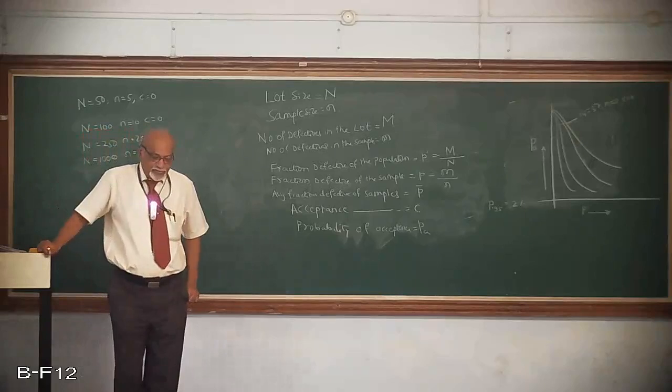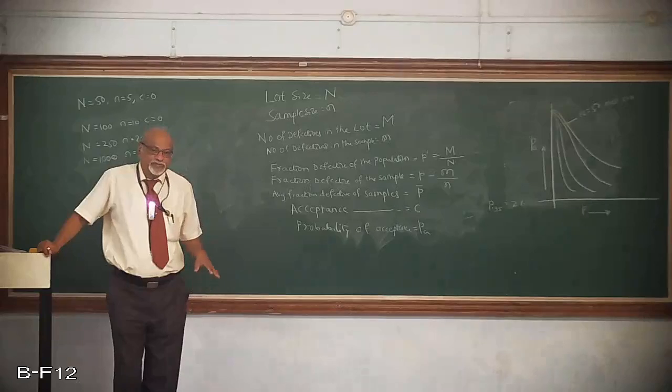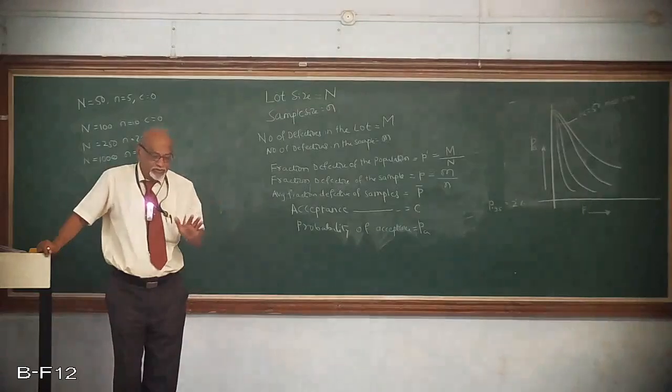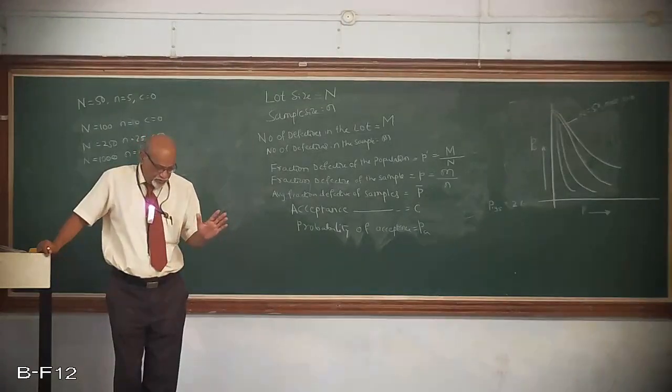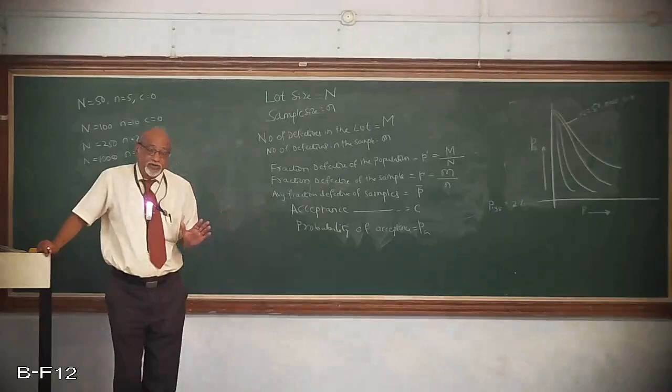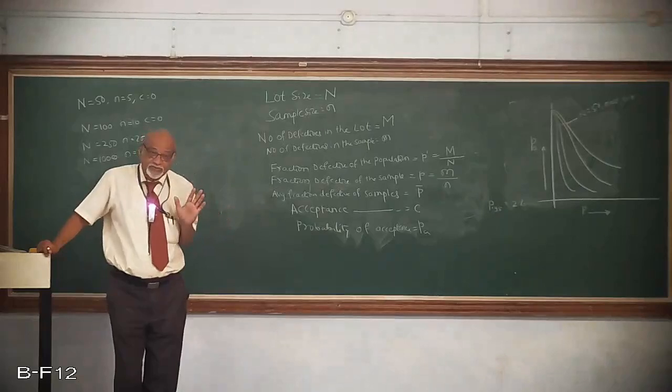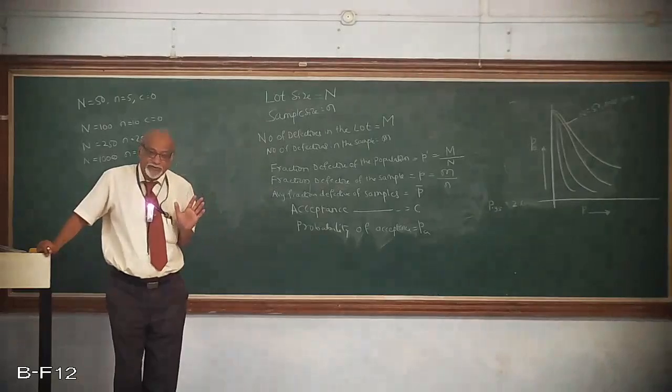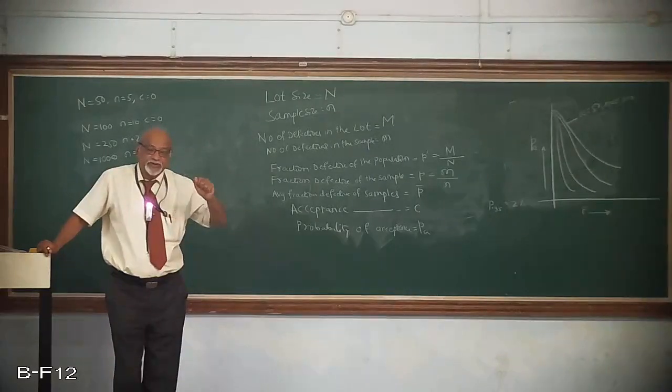Then what will the customer do? Yes, one way is: okay, I will check the entire lot. If it contains 2% defective, I will accept the lot, otherwise the lot will be rejected.